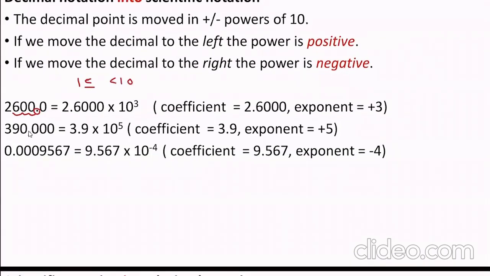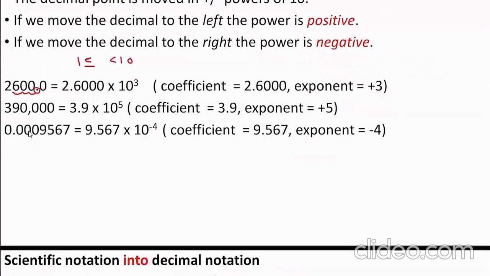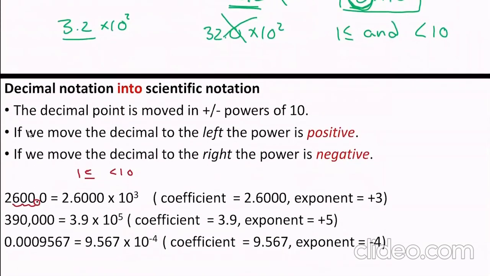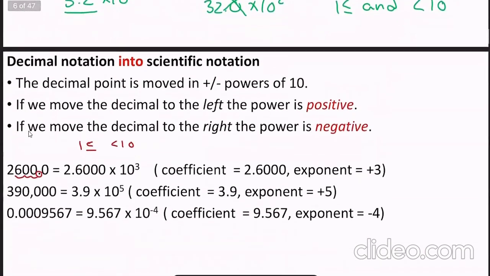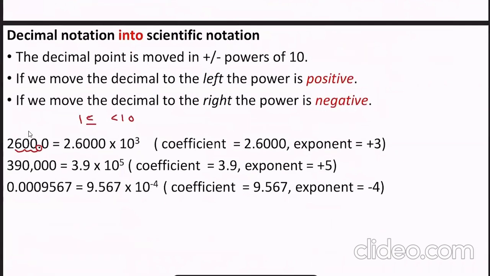So how do I convert 2,600 into a coefficient that's greater than or equal to 1 and less than 10? By moving the decimal place. If I move the decimal to the left, my power is going to be positive.